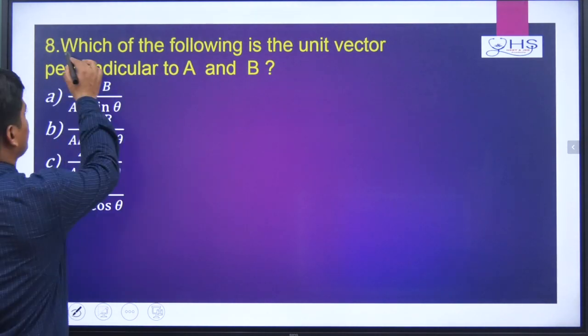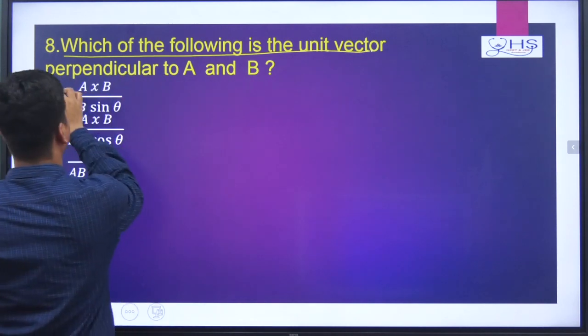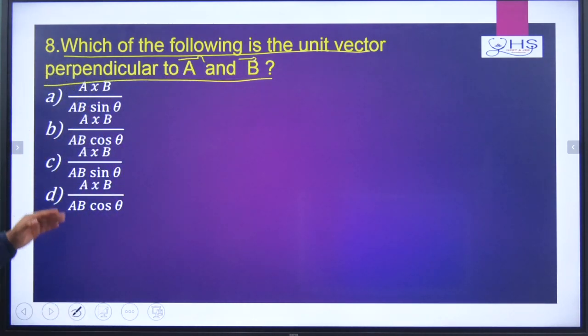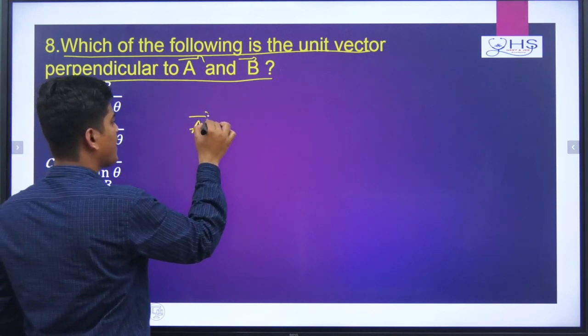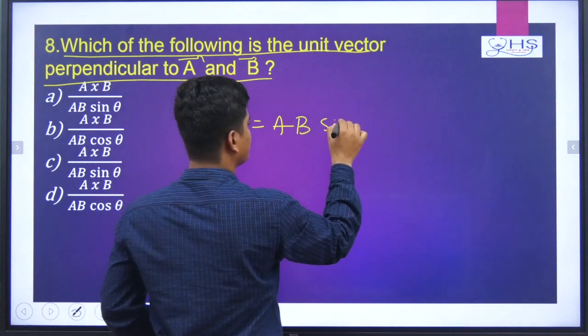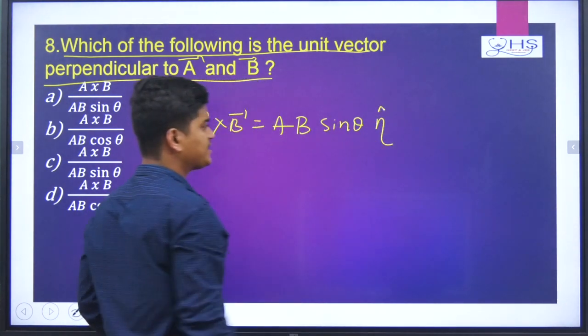Now here, which is the unit vector perpendicular to A and B? So here A vector, B vector is there. Just now we discussed here. Remember, if I want to calculate A cross B, it is AB sin theta n cap. Exact formula is this one.